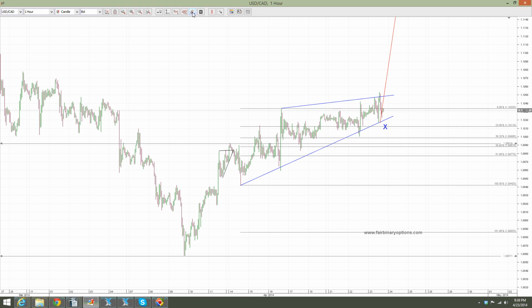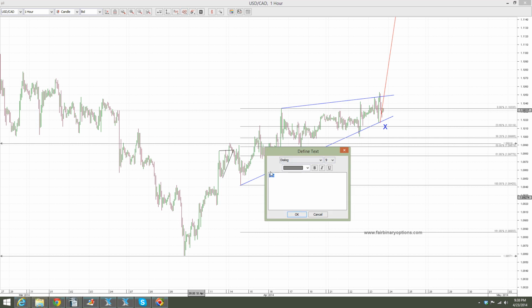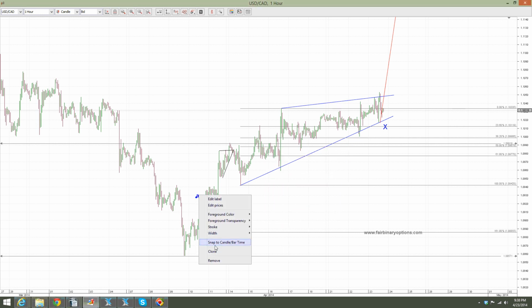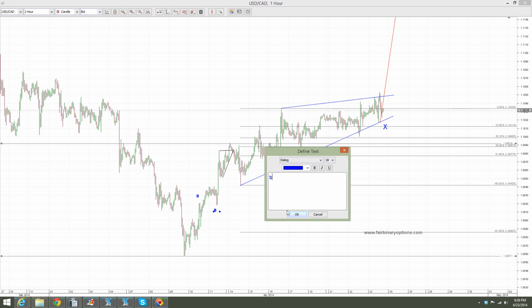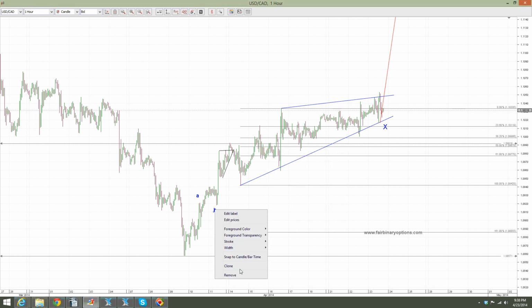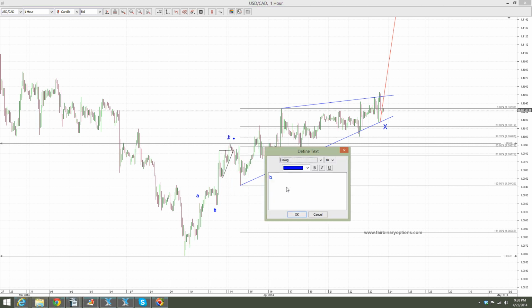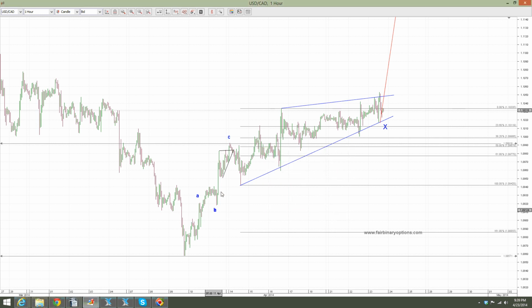I would say that it goes in the form of wave A being here, and the B wave and the C wave all the way to the upside, and then the X wave started, A, B, C, X, and then another A and the B and the C.